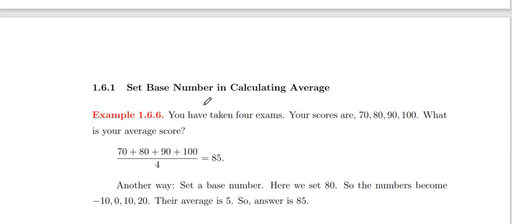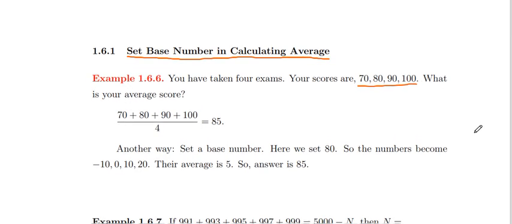So we find that setting a base number in calculating averages is a useful skill. For example, say we have 4 numbers. What is the average? Usually we just add them up and divide by 4.